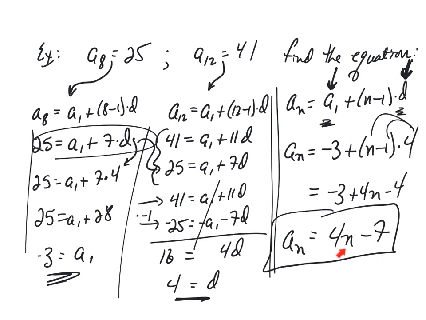So 4 times 12 is 48, and 48 minus 7 is 41. There's the 12th term. Okay? So again, there's going to be a few examples in your assignment that'll ask you to work with some information like that to find the formula, the equation for an arithmetic sequence.